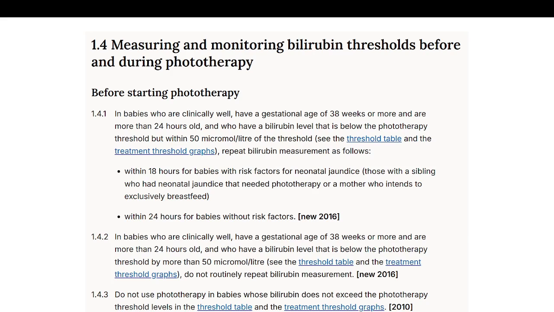So if you have a baby you're querying for jaundice and you use the bilimeter, so you're not doing the blood test, and it comes back as say 100, but the threshold is 150, then you wouldn't need to do any further blood tests, and you wouldn't routinely need to repeat a bilirubin measurement unless there were some new concerns or new clinical need. And obviously if they don't need any phototherapy, if it doesn't exceed the phototherapy threshold, that's purely from doing the serum bilirubin and not the bilimeter.